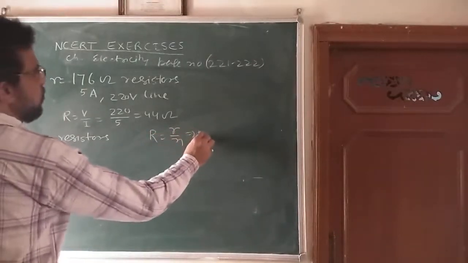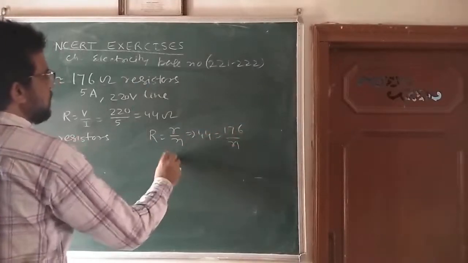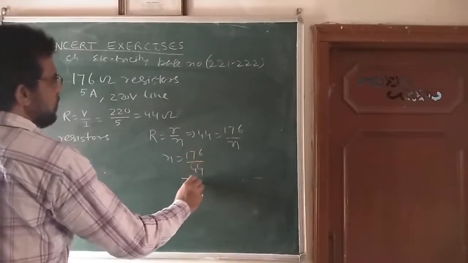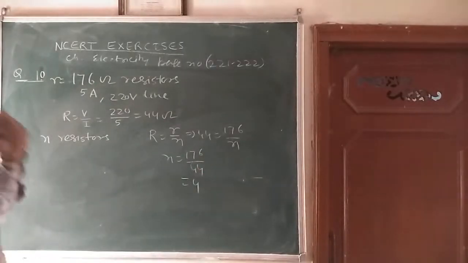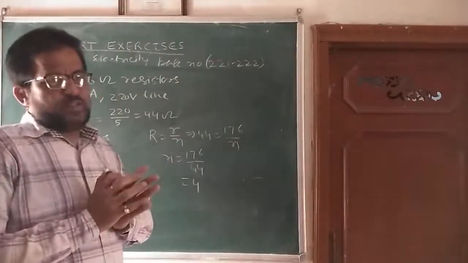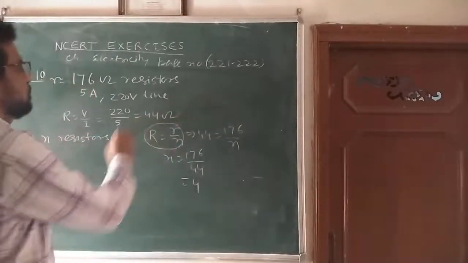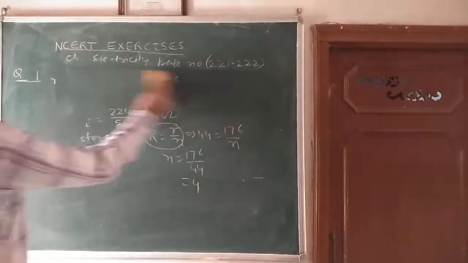R is 44 ohm, that is 176 divided by n. n comes out to be 176 divided by 44, that is around 4. This is the result here. So this is the way to get the result immediately if you know the formula. Now, then see our next question.